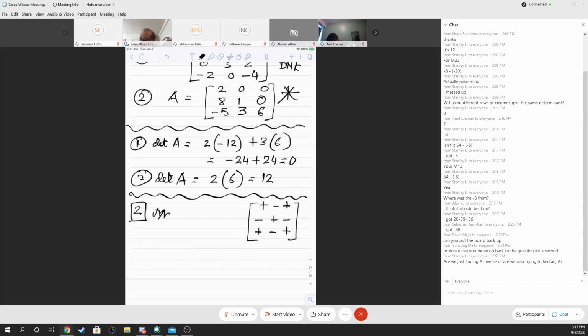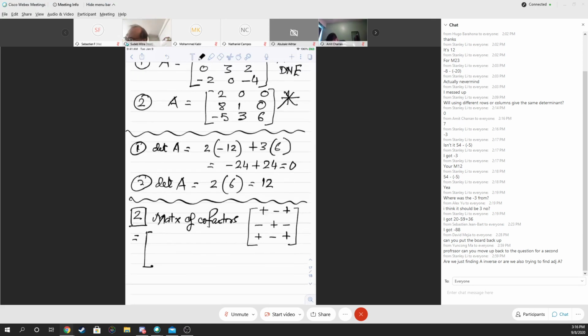So matrix of cofactors. Come on. 6. 48, negative. 24 minus minus 5, no? 24 plus 5, 29.